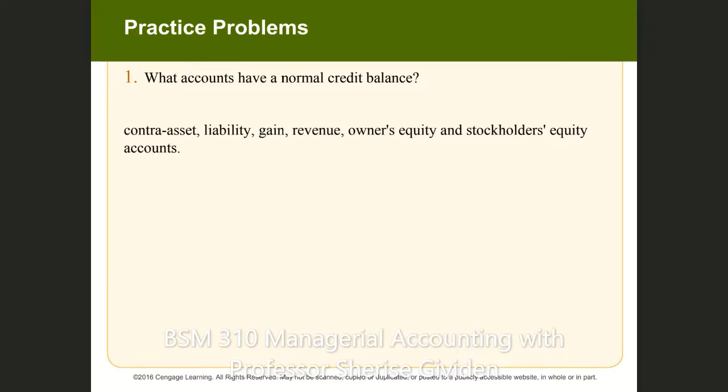I'll see if I can find a video on that. Hold on, I'm writing this down. But yes, accounts that have a normal credit balance are going to be your liability and equity accounts. And then there are other accounts within those, like you see here, the contra asset, your gains, revenues. All of those are found on the right-hand side of the accounting equation.